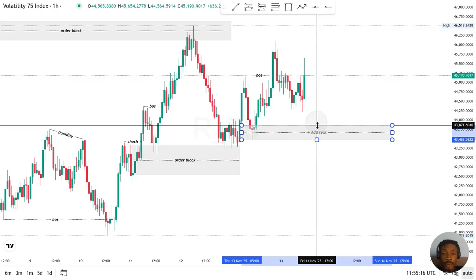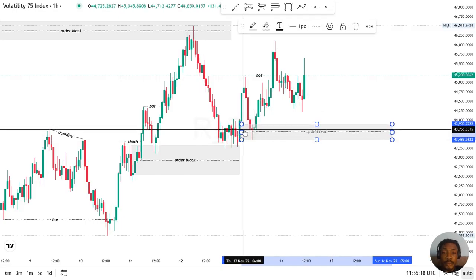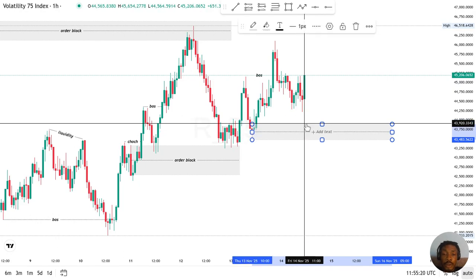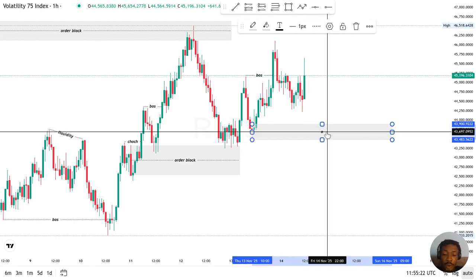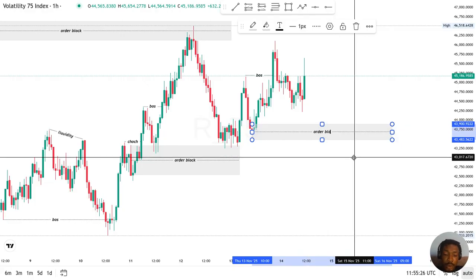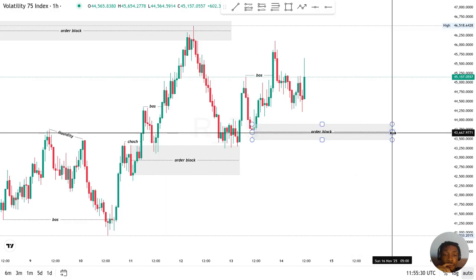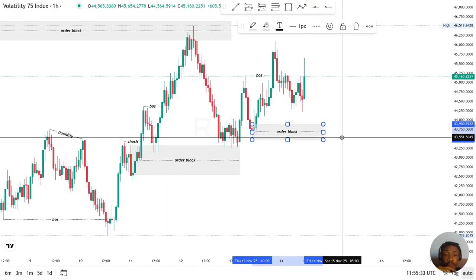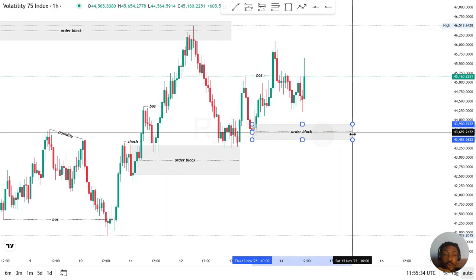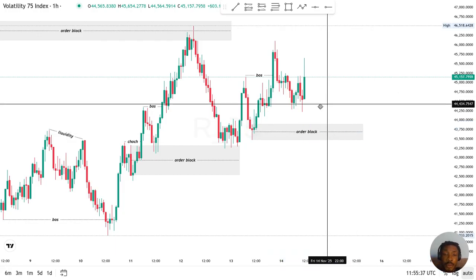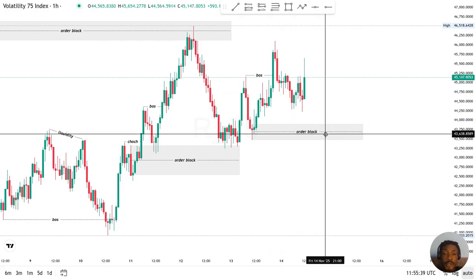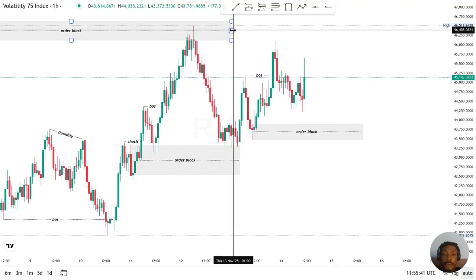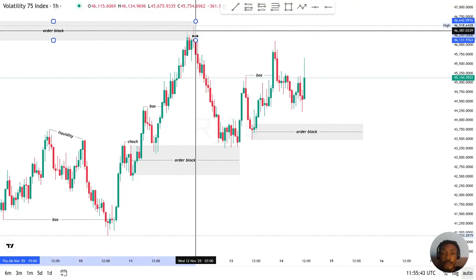That's when you're looking for buy. So this is our order block. What we're waiting for is for price to come here and tap into the zone.